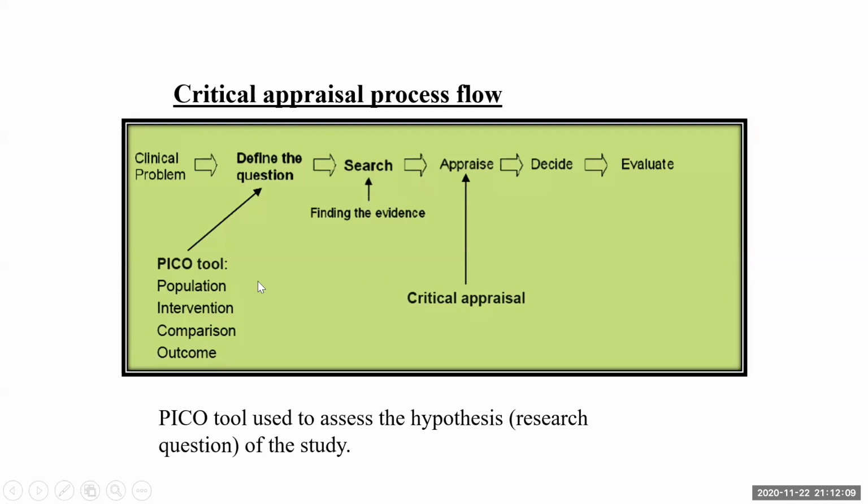So population refers to the type or sort of subjects or sample included in the research. Who they are, what are their characteristics, this should be mentioned in the research question. And also there should be mention of the type of intervention. What is the intervention we intend to do?